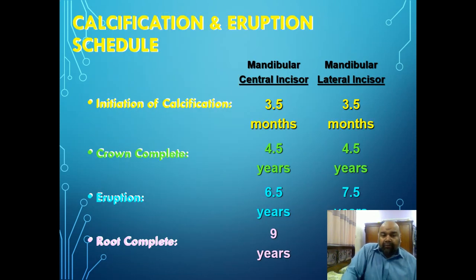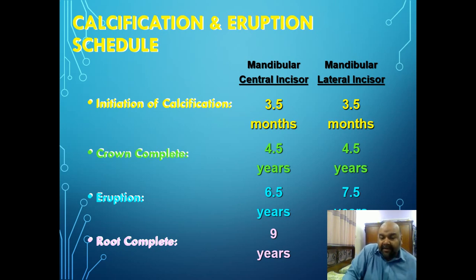So when do they calcify? Both the mandibular central and lateral incisors calcify at around 3.5 months after birth. The only permanent teeth that are calcifying at the time of birth are the first permanent molars. So all of the incisors, be it central incisors or lateral incisors, their calcification usually initiates during the first year of life.